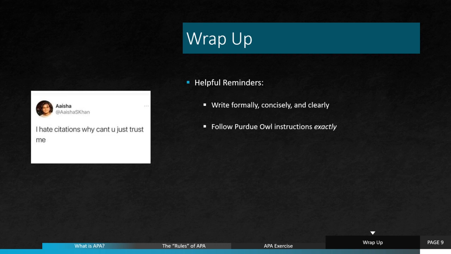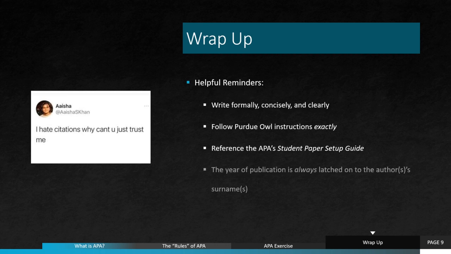That means quotation marks, italics, and whether they're using a comma or a period. Reference the APA Student Paper Setup Guide, which will be made available to you. The year of publication is always latched on or glued to the author's surname. And lastly, feel free to take this APA test to double-check your knowledge.